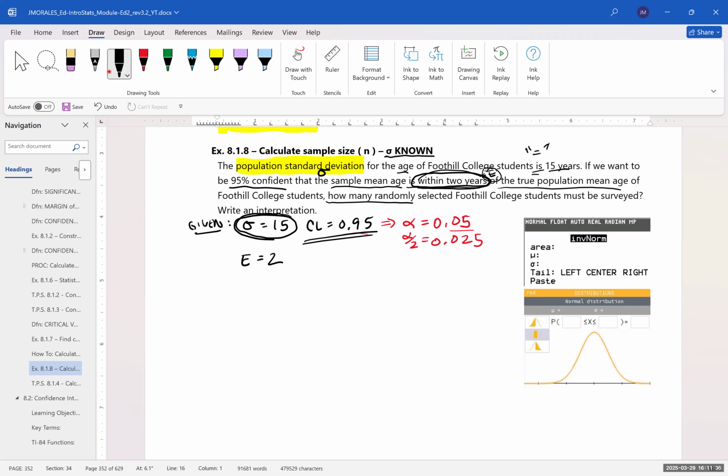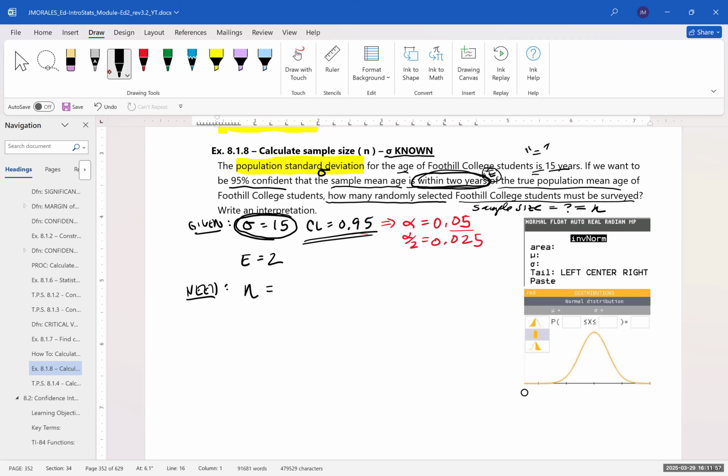Now, how many randomly selected Foothill College students must be surveyed? That's saying, what is our sample size? Sample size is what? So we have to calculate n. So let's say what we need is sample size.